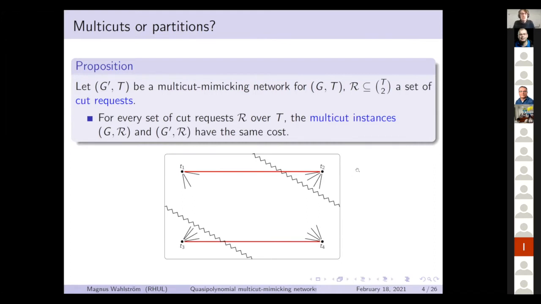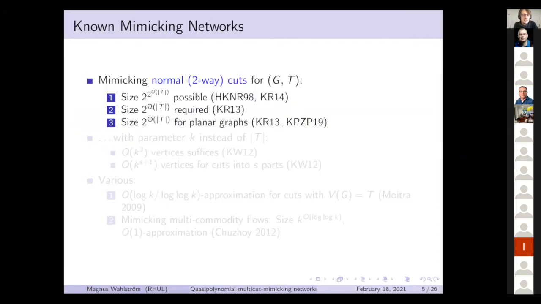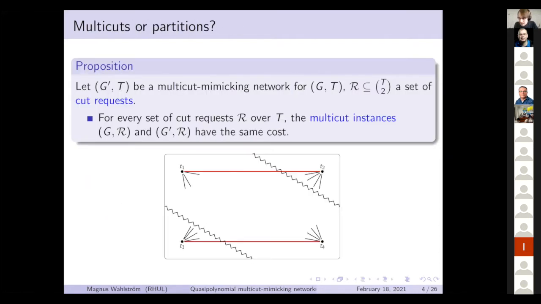And then your sparsifier or your mimicking network also contains a cut of the same cost for that same partition. So we can call them multicut sparsifiers while only thinking about partitions of the terminal set.